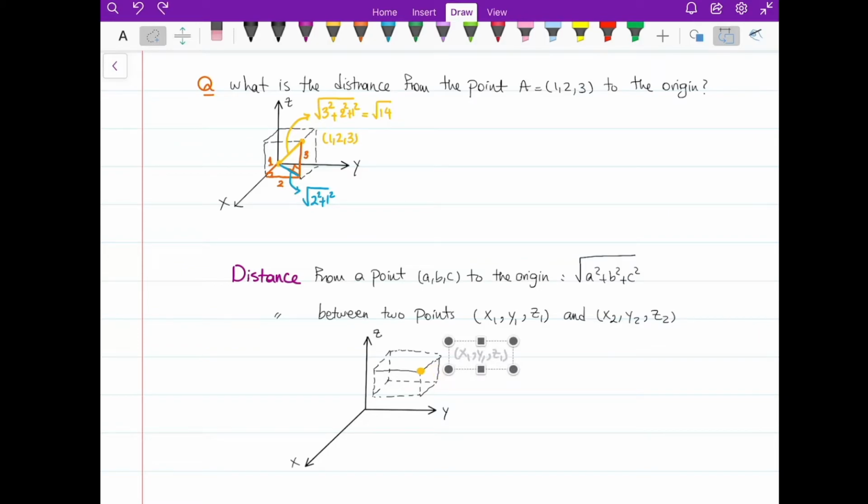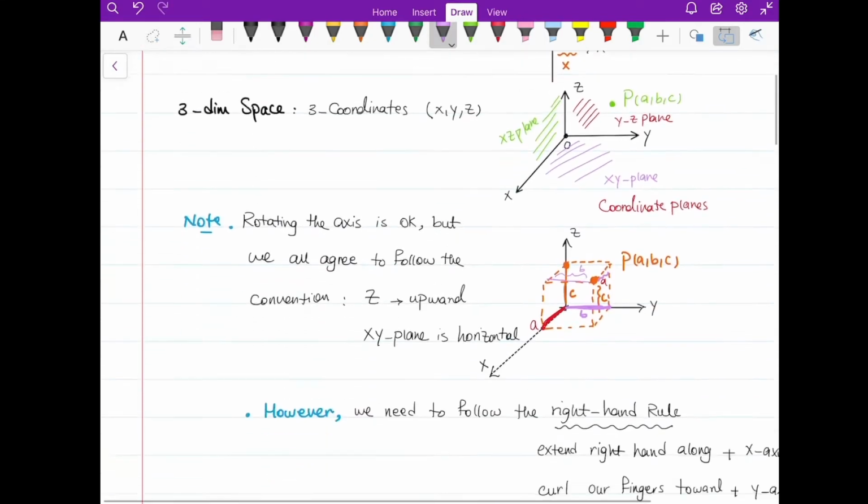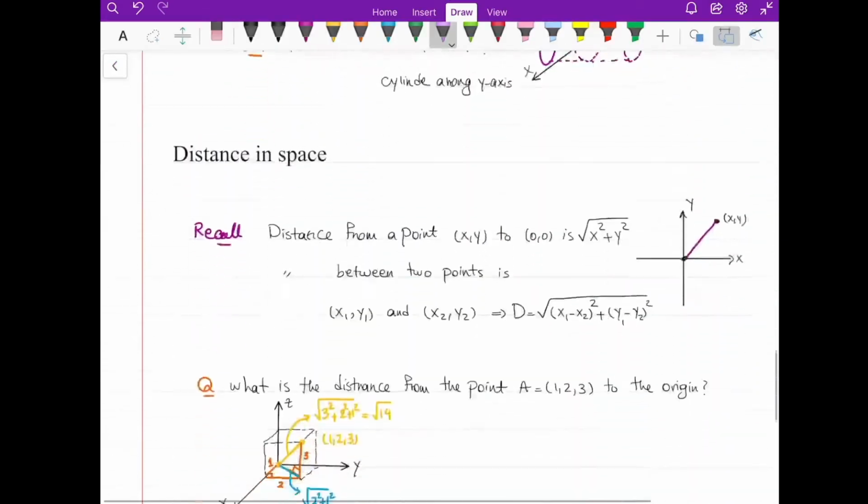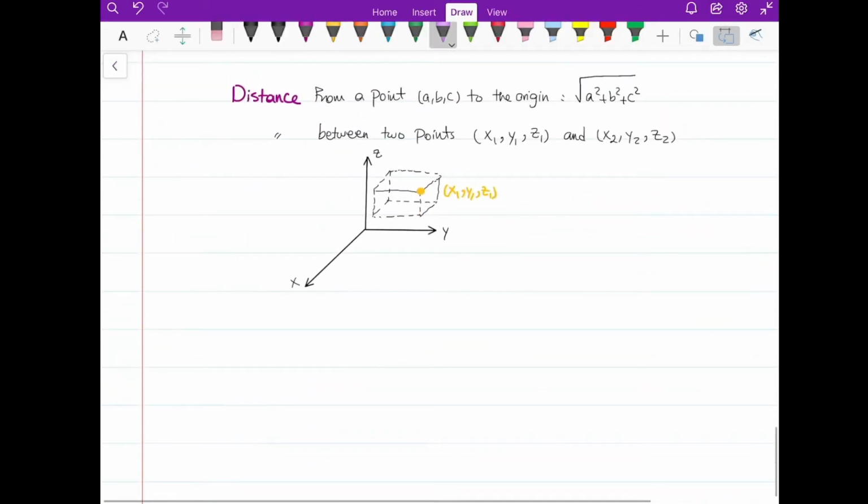If this point is (x1, y1, z1), and for example this point is (x2, y2, z2), then the distance here would be with exactly the same idea. The length here and the length here.